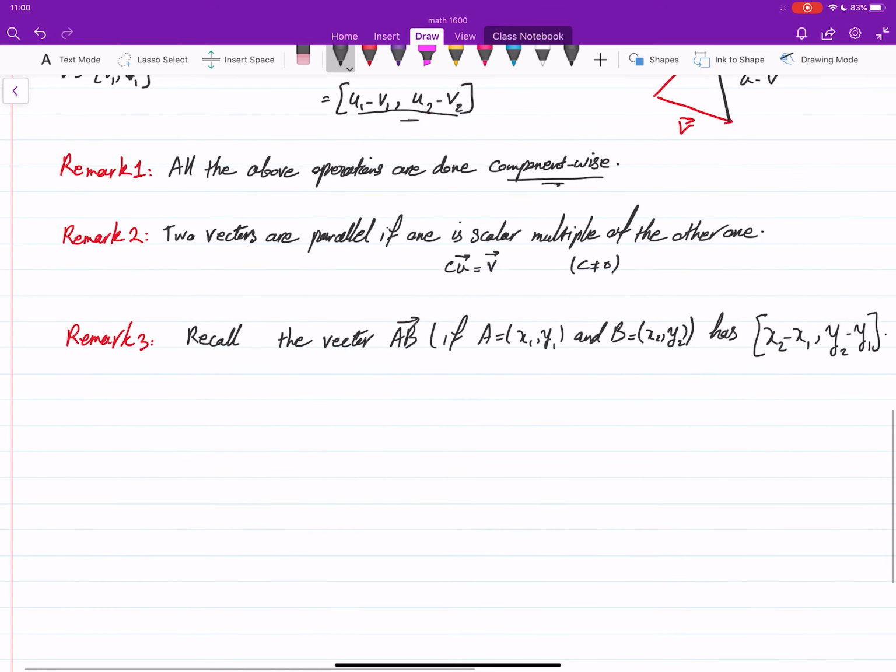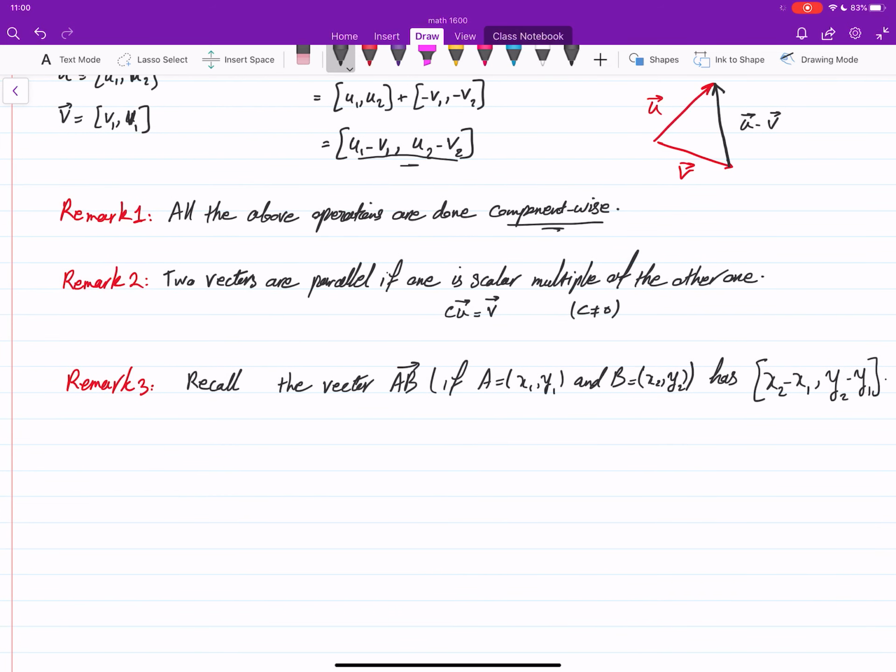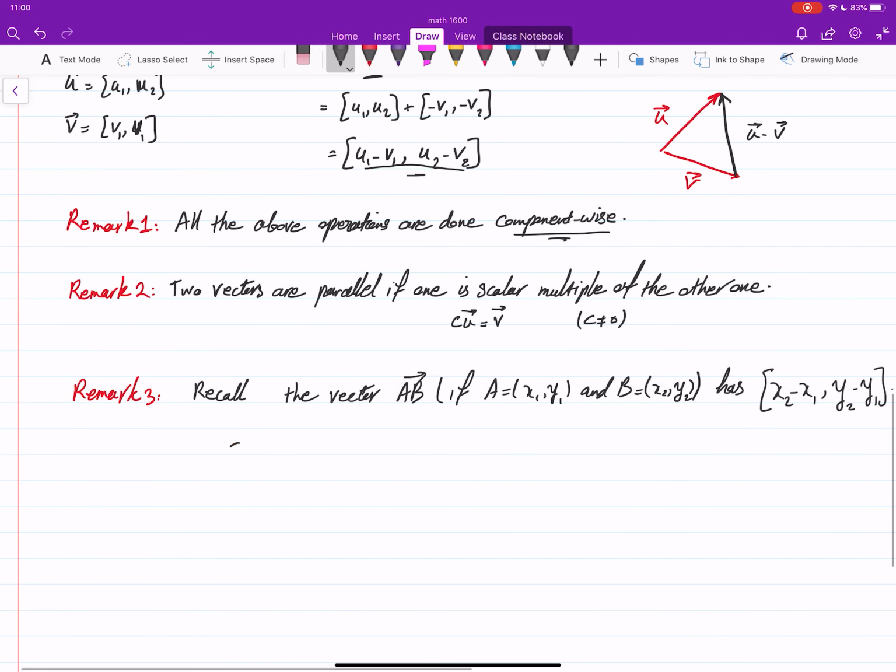And well, this is kind of related to the vector subtraction. Why? Because x2 minus x1 and y2 minus y1, we're subtracting components of the vector x1, y1 from x2, y2.